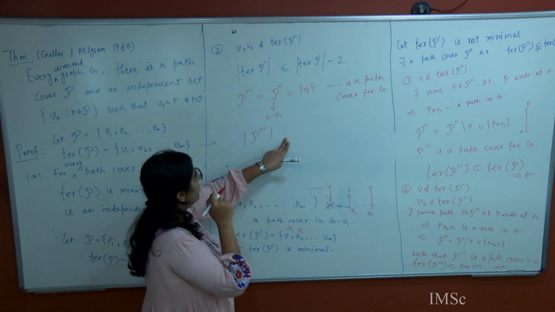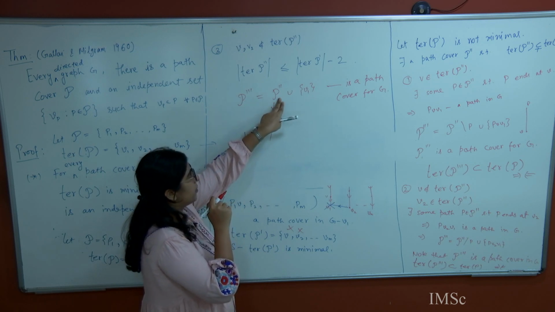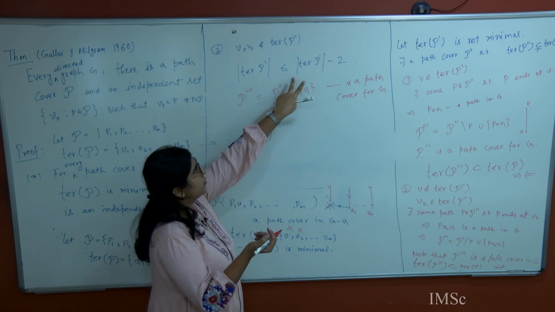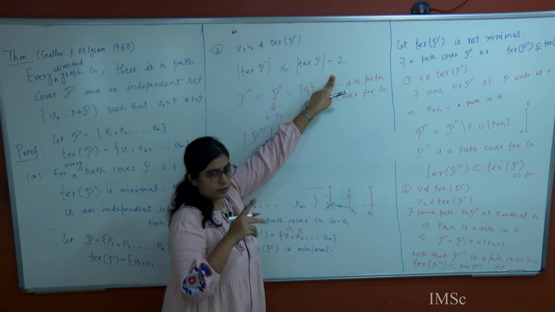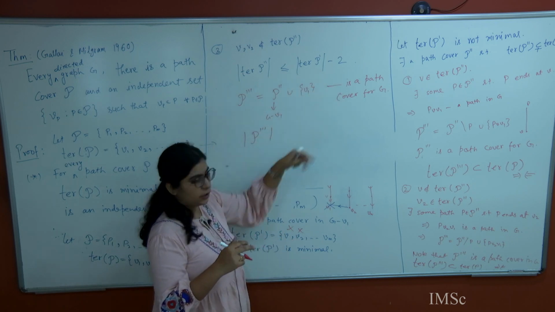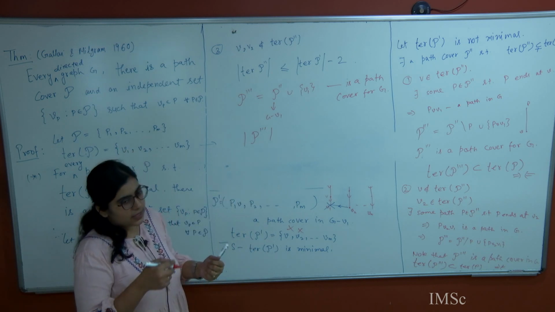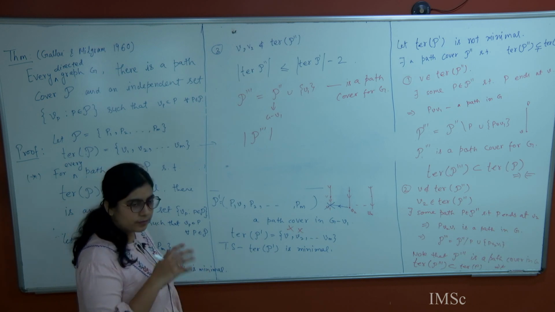This is the terminal of P double prime plus 1 we have added, but the difference between the terminal of P prime and the terminal of P double prime was 2. So, even if I add one new vertex to my set, it is still less than the set here.